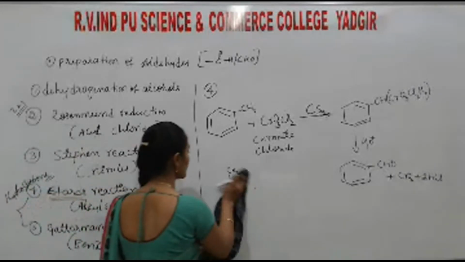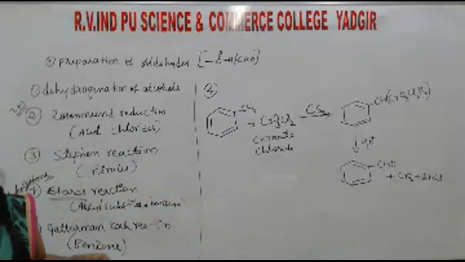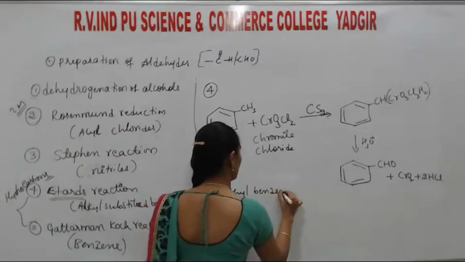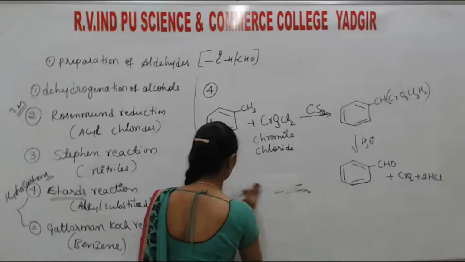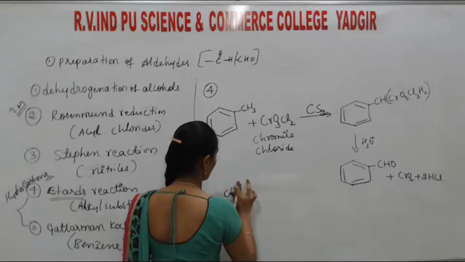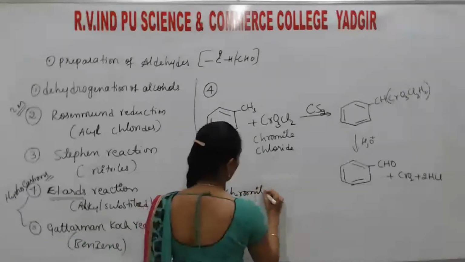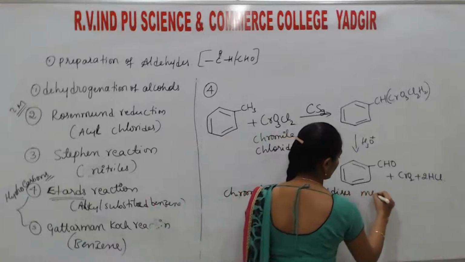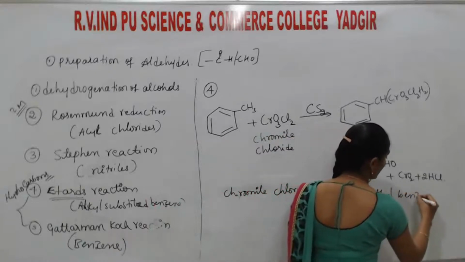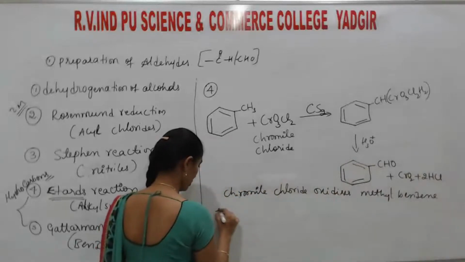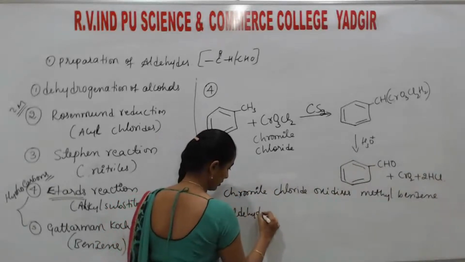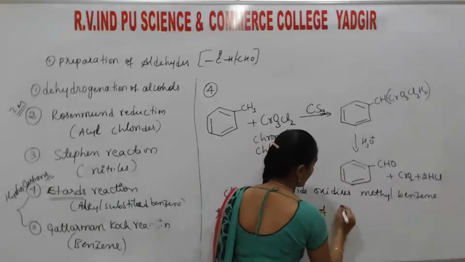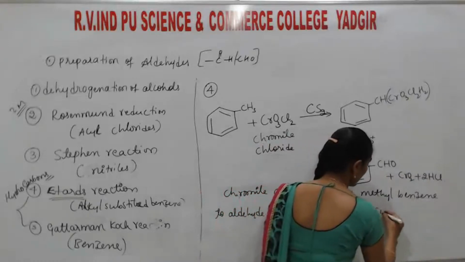So here, if you want to write the explanation: chromyl chloride oxidizes methyl benzene to aldehyde in presence of carbon disulfide as a solvent.